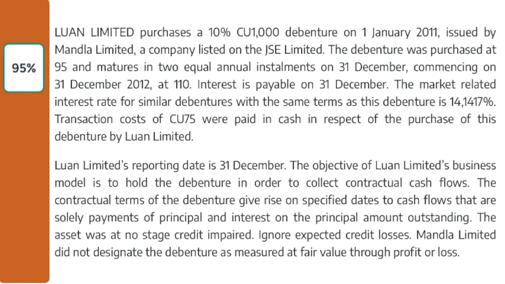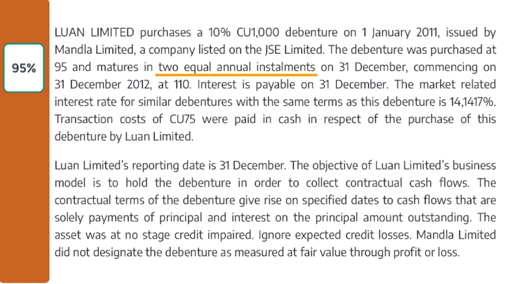This debenture matures in 2 equal annual installments on 31 December. Now, a debenture can mature once off or it can mature in installments. In this case, it matures in 2 equal annual installments on 31 December, starting on 31 December 2012.